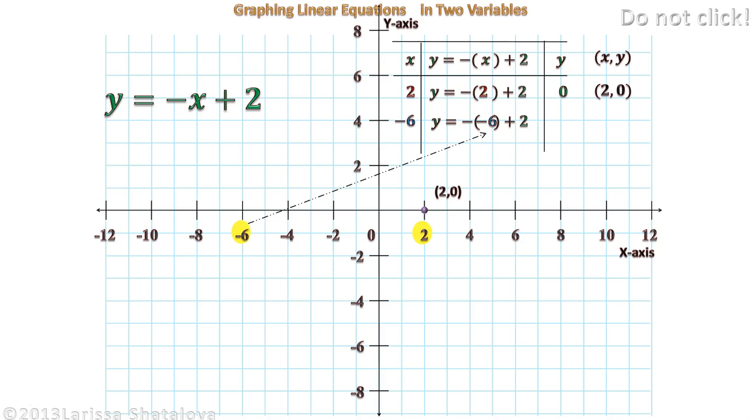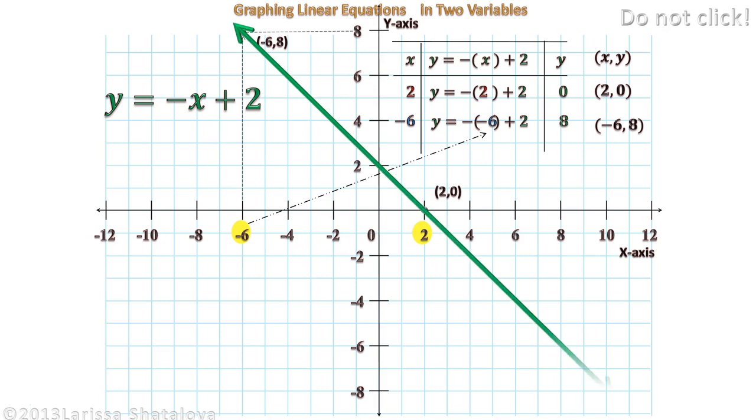Negative times negative would be positive 6, and positive 2. The result would be positive 8. Y is 8. So now I have a second point, negative 6, 8. And I can plot the second point, negative 6, 8. Having 2 points, it's not a problem to graph a straight line.